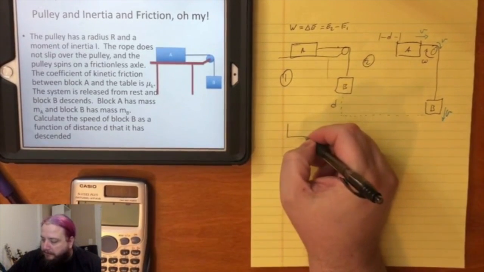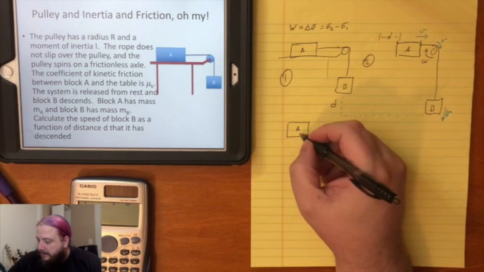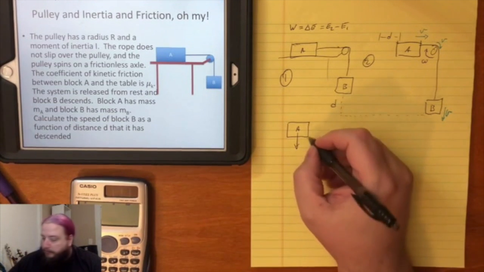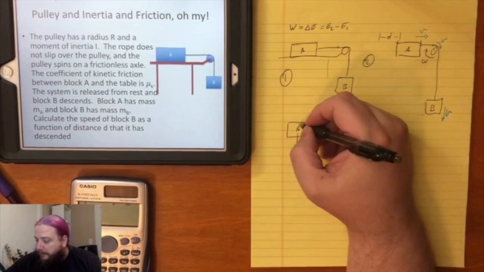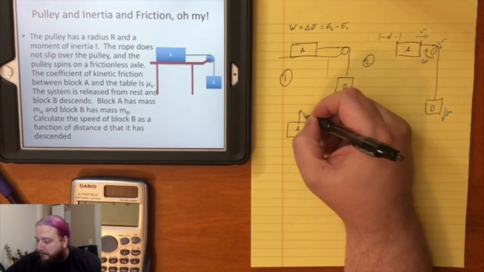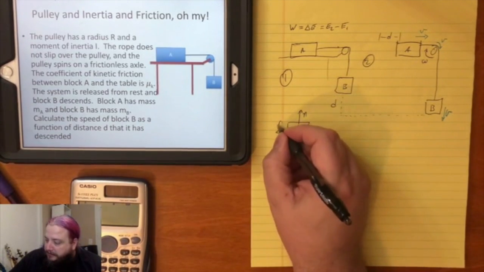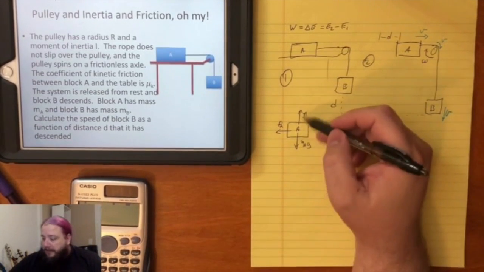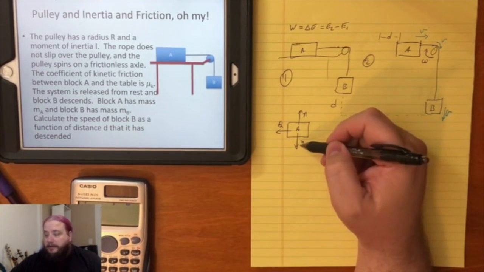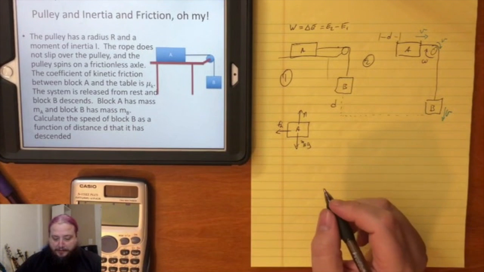We'll draw ourselves a free body diagram of box A. There's a downward force, ma times gravity. There's an upward force of the normal force from the table, and then there is a kinetic friction force to the left. The upward and downward forces on box A have to be in equilibrium because the box isn't accelerating up or down.